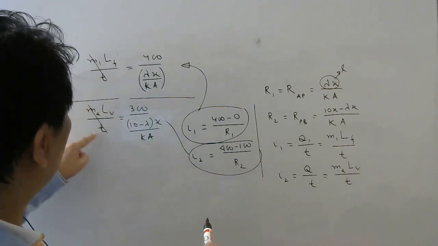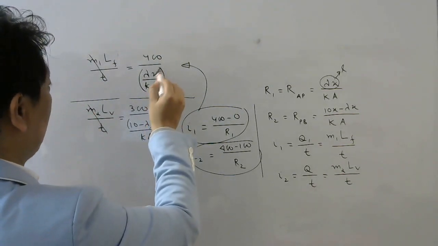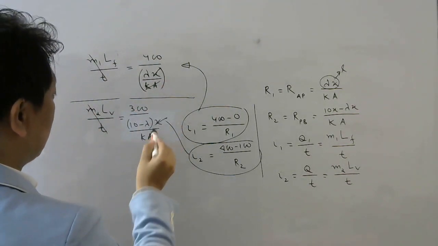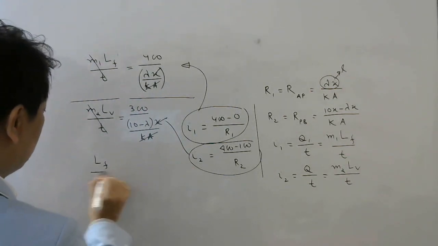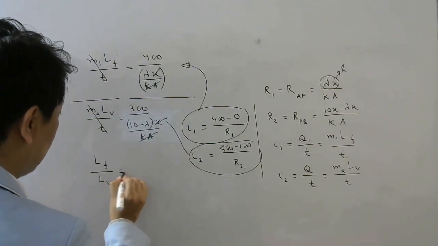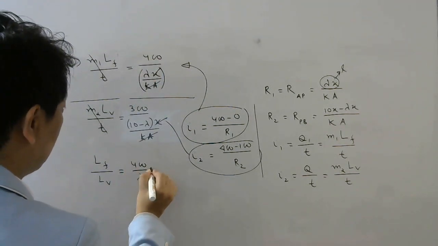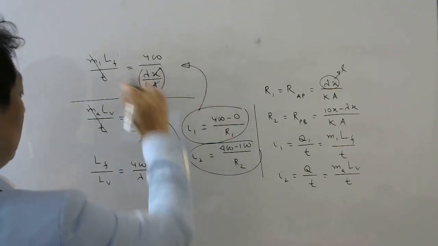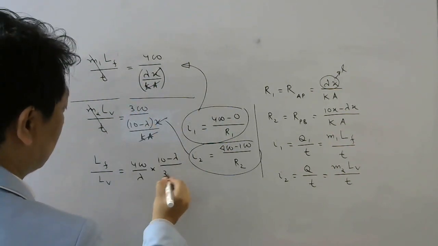So M1 by t and M2 by t are the same, so they cancel when you divide. Similarly, x by KA will cancel. So here what will you get? Latent heat of fusion by latent heat of vaporization equals 400 by lambda, into this 10 minus lambda will go up, so 10 minus lambda divided by 300.